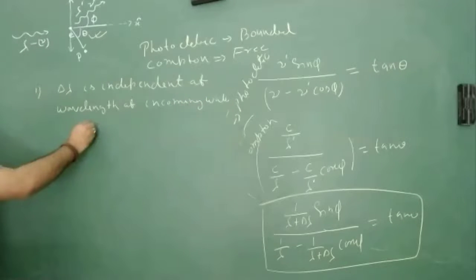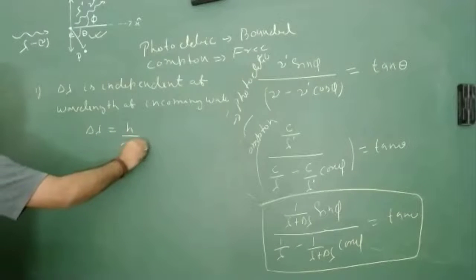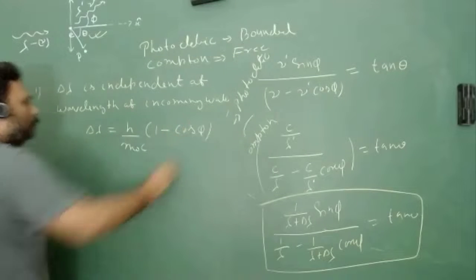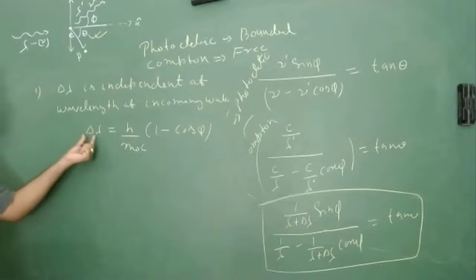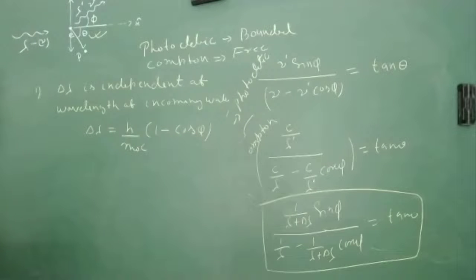Because you can see delta lambda is h upon m naught c times (1 minus cos phi). So whatever the incoming wave, the change in wavelength delta lambda will be independent, and it is only a function of phi.